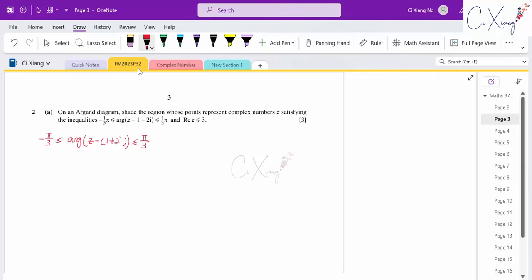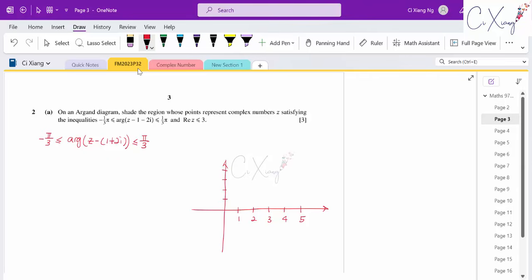For this inequality, when I want to sketch it, I should plot a point at 1 plus 2i. So a moment here.